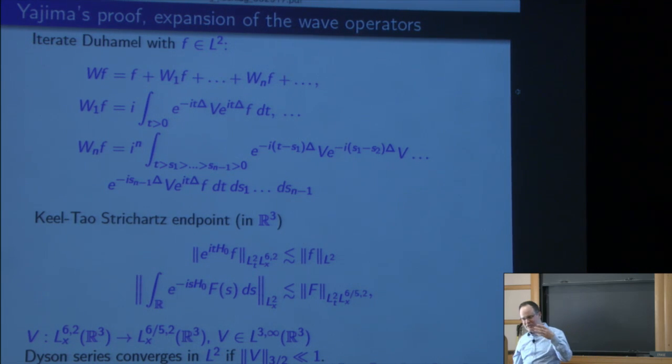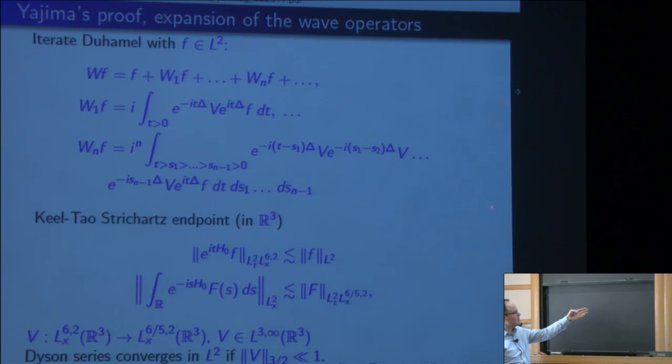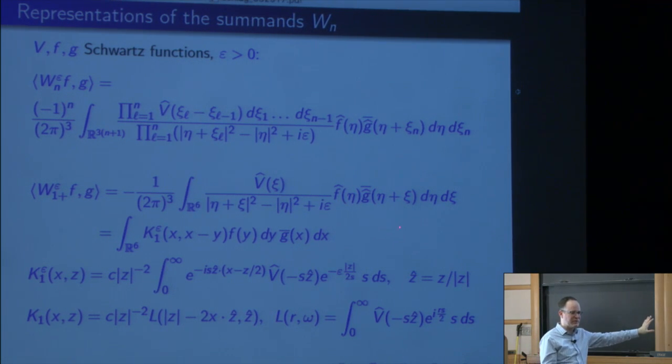So this series converges, in particular, if the 3/2 norm is small. Right? So you have that. And what do you do with this? Well, then you grit your teeth. You have to somehow make sense of this. So not surprisingly, you switch to the Fourier transform where you have explicit formulas. If you work this out, you at least end up, for everything a Schwartz function, with these formulas.